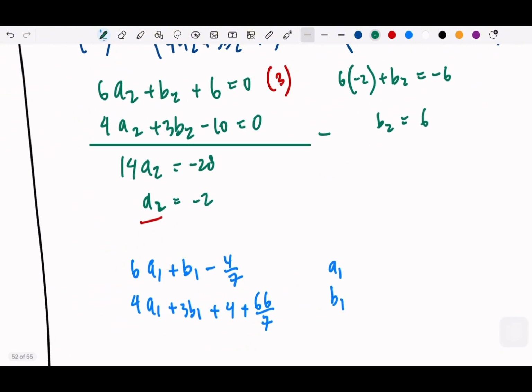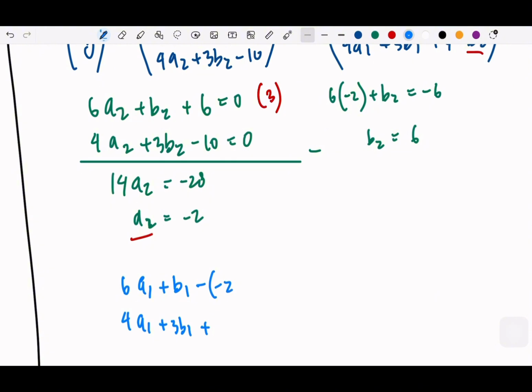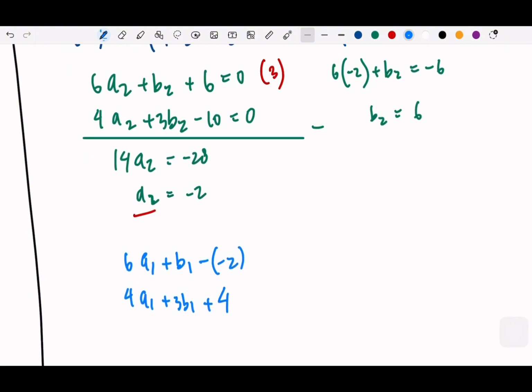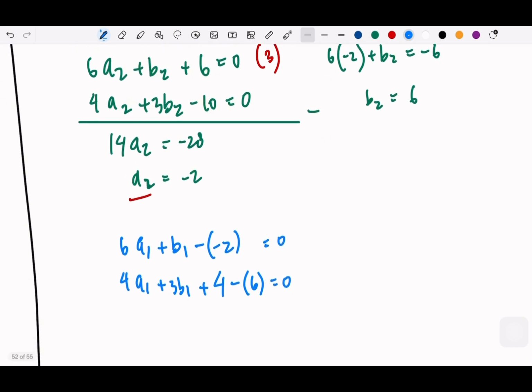And then substitute back to this part. Okay, this will be minus, so minus 2. And this will be 4 and minus 6. I think the same way we can make, let me rewrite again, 6A1 plus B1 plus 2. Or maybe let me just put into the right side.